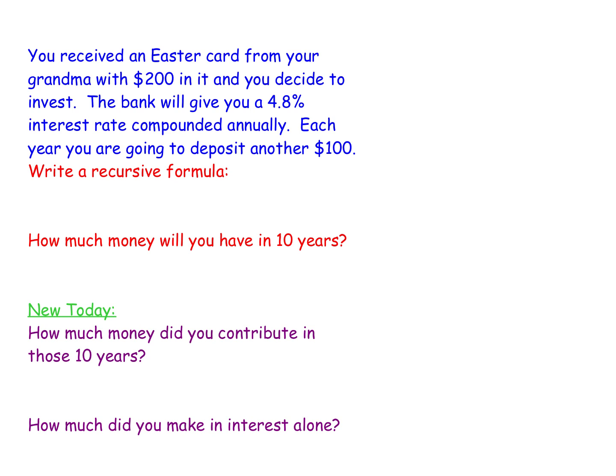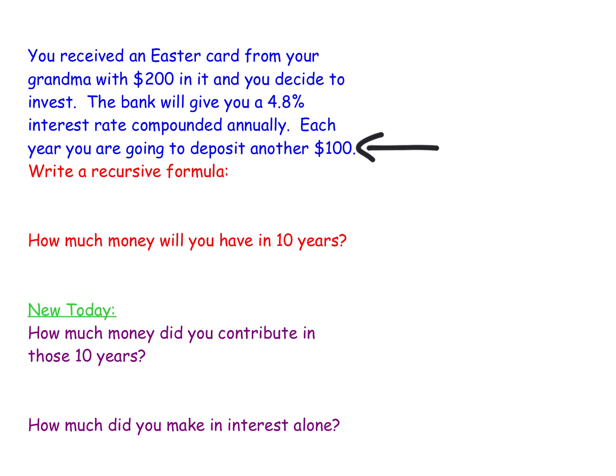You start with 200, you get 4.8% interest, and each year, so it isn't 12 anymore. Each year, you're going to deposit another 100. Don't do this in months anymore. Do it in 1 year at a time.